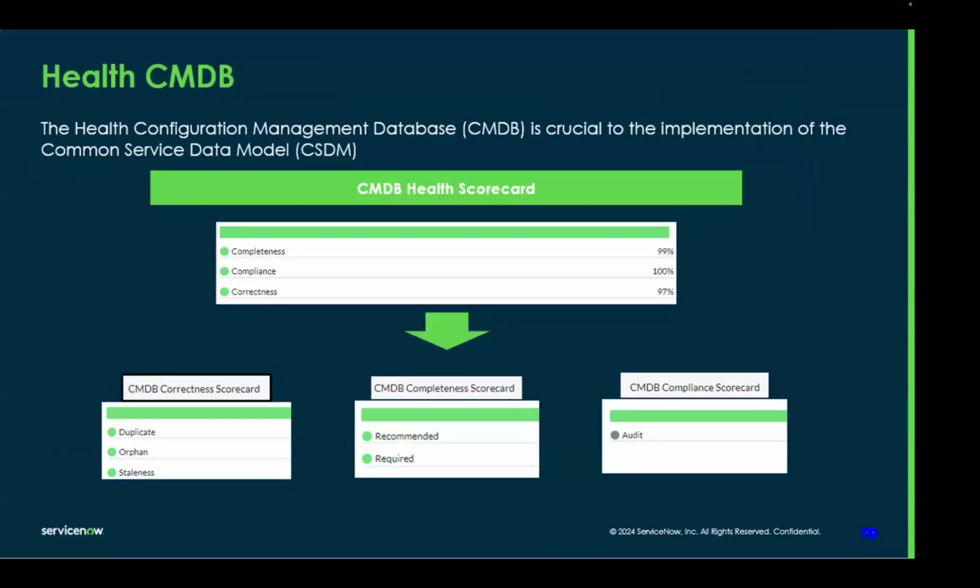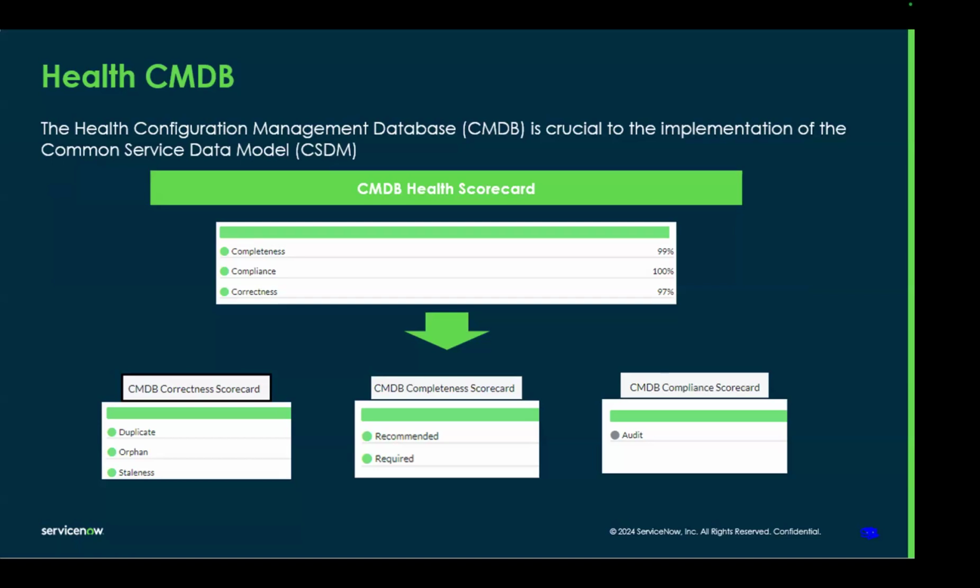This is the CMDB Health Dashboard, which ServiceNow provides to monitor the health of the CMDB. Basically, they have three KPIs to monitor your CMDB health: completeness, compliance, and correctness.